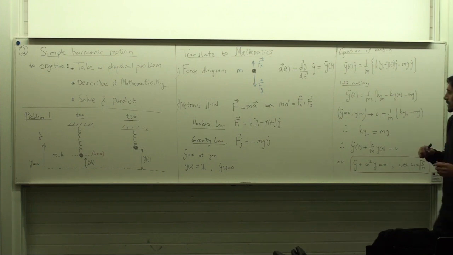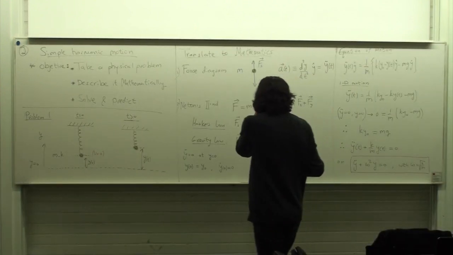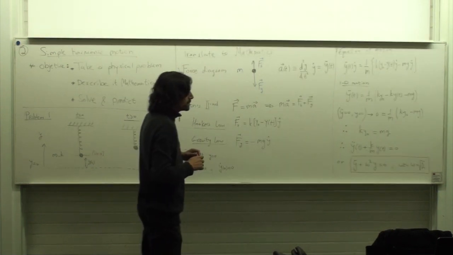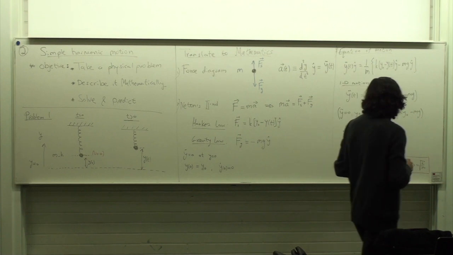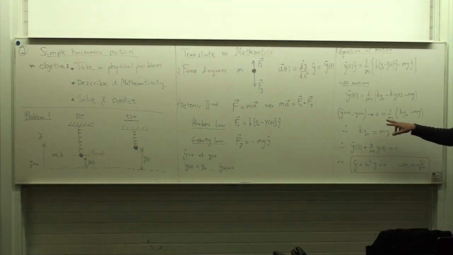The acceleration is 0 at y equals 0, the equilibrium point. So we find that y double dot would be 0 at y equals 0.